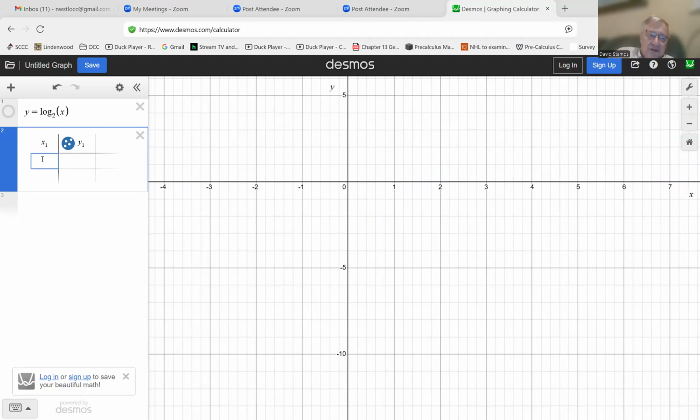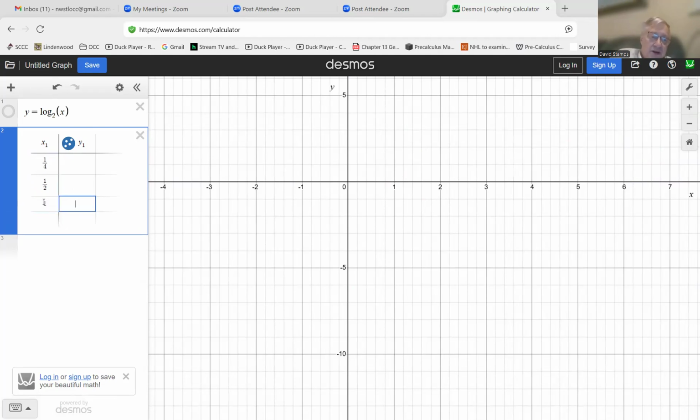So let me get that straight to begin with. So maybe we have x equals 1/4. I'm going to create some x values here, and each one is going to be double the previous one. I'll put the y's in there in a second.